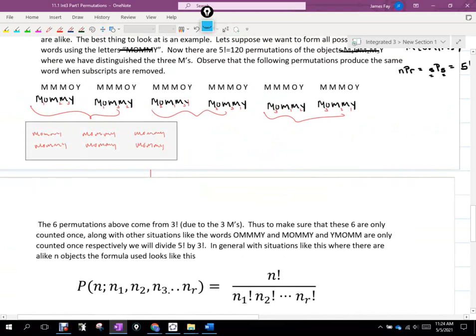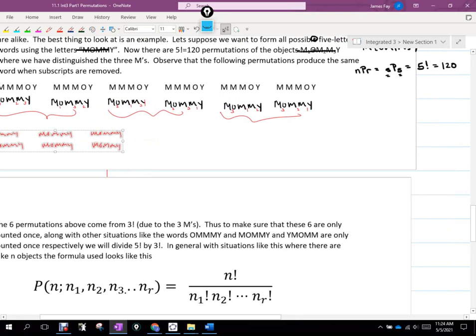That makes up 6 of that 120. We don't want them to be counted 6 times because it's still the same order of letters, M-O-M-M-Y, right? So what we need to do is remove those. We need to take these 6 that make up this 120 and count them only once.